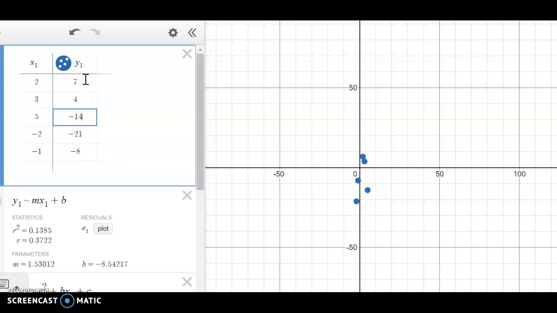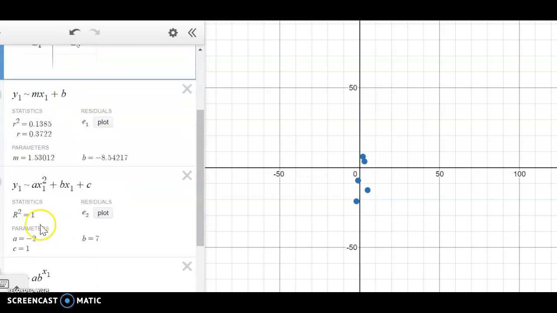2 goes to 7, 3 goes to 4, 5 goes to -14, -2 goes to -21, and -1 goes to -8. I look at my linear, it's 13% accurate.